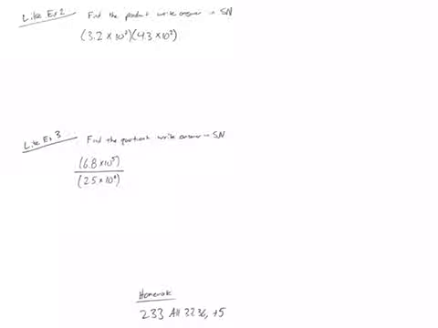Now let's work with multiplying them. Remember, if you have 2 times 3 times 4, that's going to be the same thing as 3 times 2 times 4, right? You can change the order as long as they're multiplying. Well, over here I have 3.2 times 10 to the 7th times 4.3 times 10 squared.